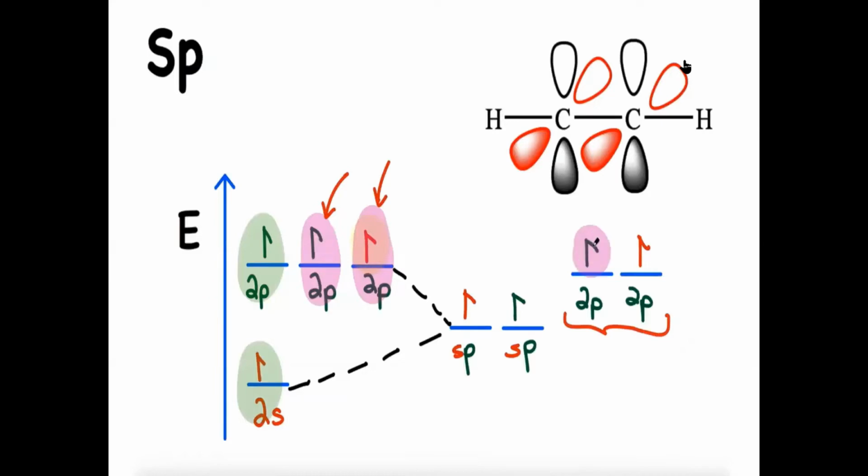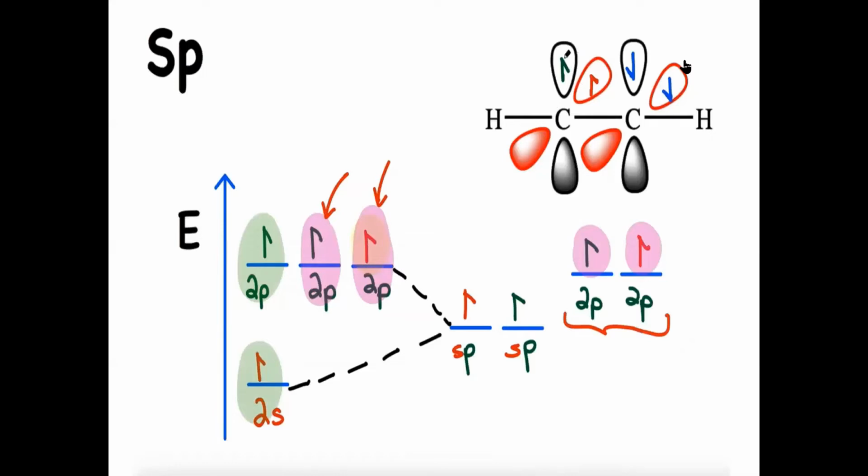So I'm first going to take this electron right over here and put it in this p orbital. And then I will take this electron right over here, this red one, and put that into this p orbital. So these two unhybridized 2p red and green electrons will go and share these electrons with another carbon's unhybridized p electrons, represented by these two blue electrons that I'm drawing in.